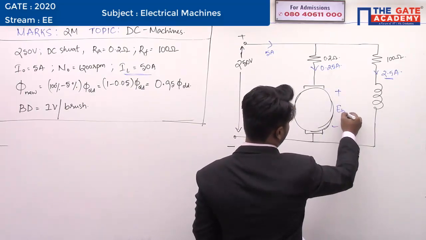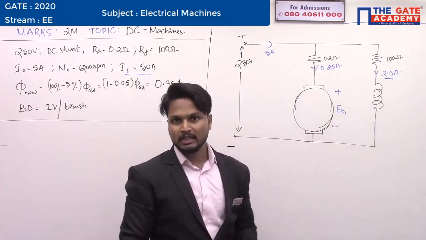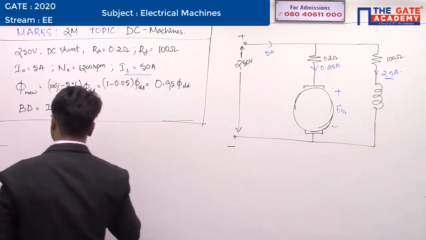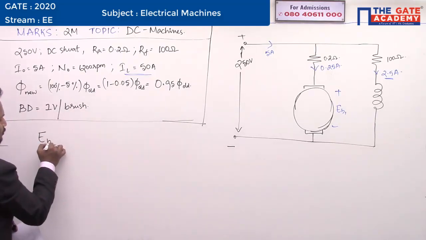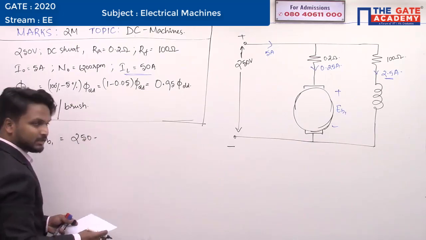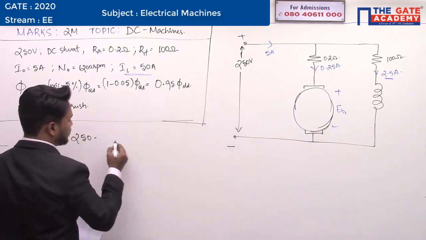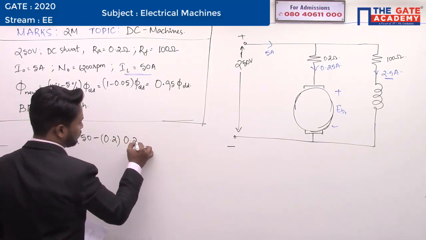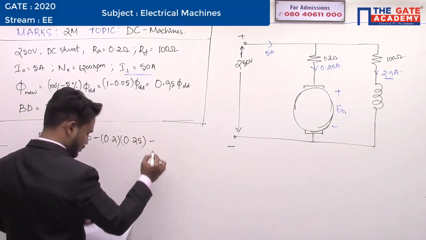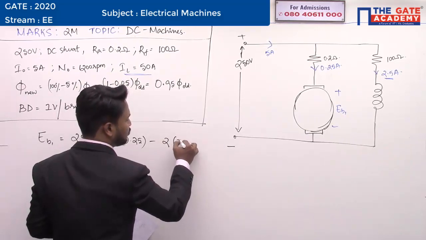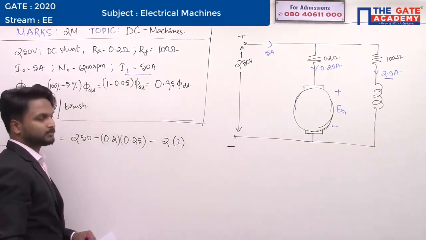Right? This is EB1. So EB1 is equal to how much? EB1 is simply 250 volts minus, see, the applied voltage is 250 volts, minus armature resistance multiplied by armature current, 0.2 multiplied by 0.25 amperes, minus 2 into brush drop, which is 1 volt.